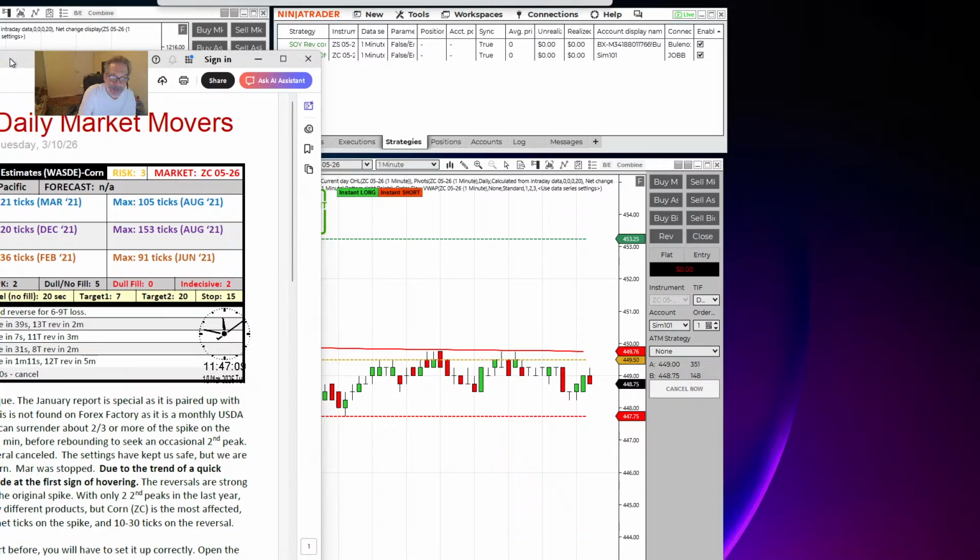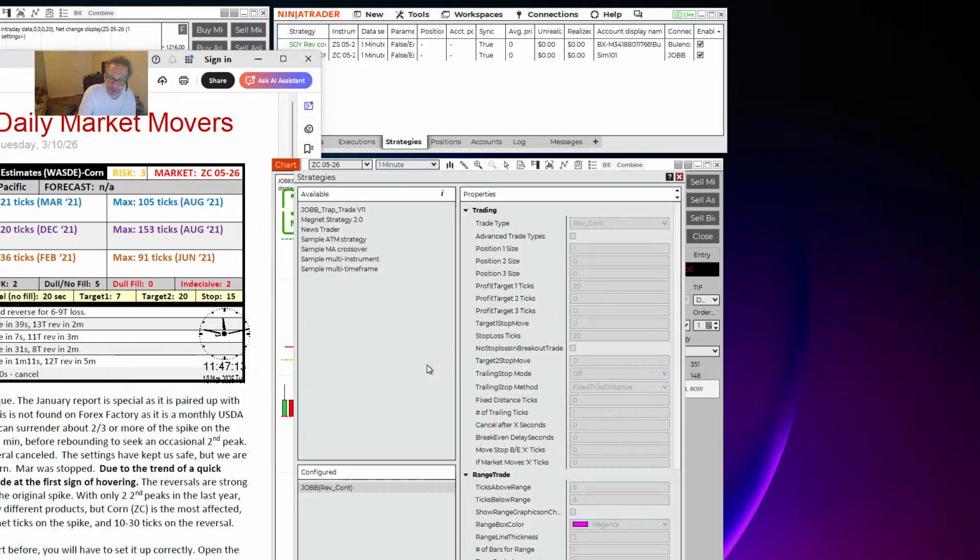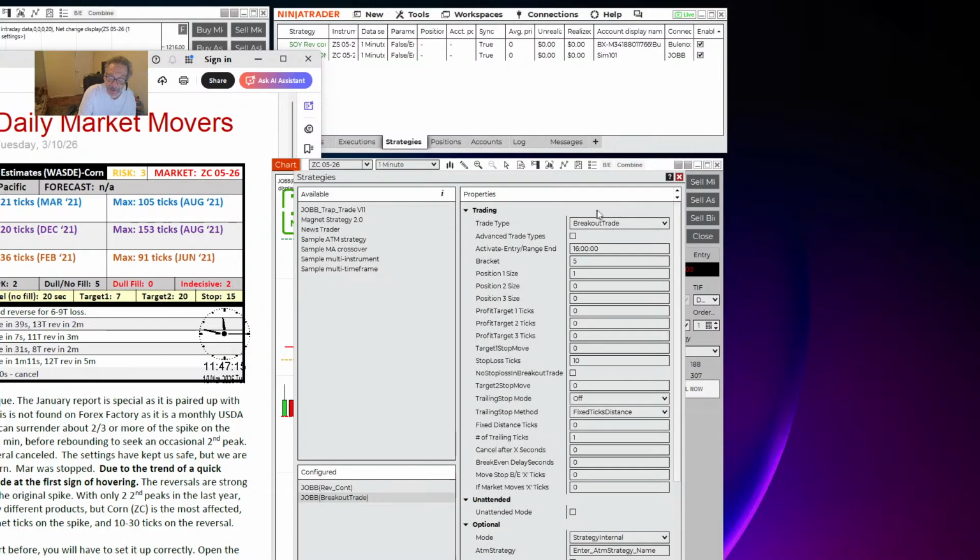The corn setup, I'll just put the breakout on. We have a reverse continuation breakout trade. We're going to trigger 11:59:59. The bracket is 8.